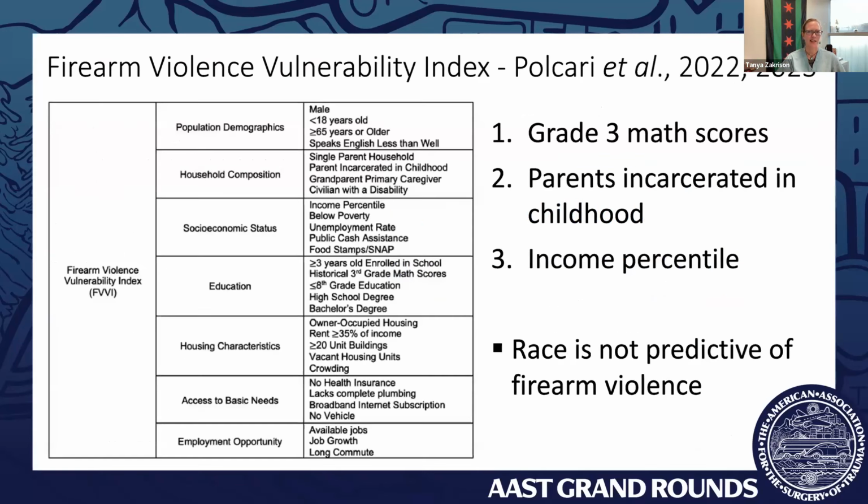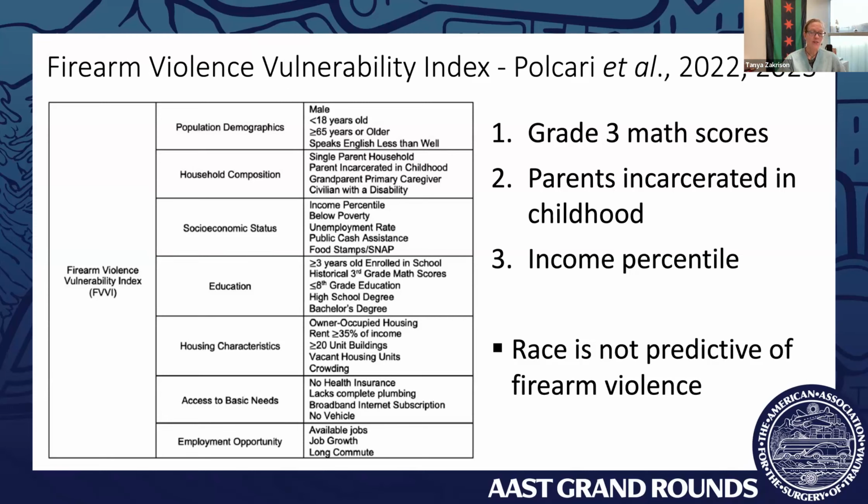And how do you do this as a collective? I'd like to highlight some work of one of our superstar surgical residents, Annie Polcari, who said, you know what, I don't want to use the social vulnerability index to predict firearm violence because that's designed for hurricanes and natural disasters. So she, together with Drew Benjamin, created their own firearm violence vulnerability index, a composite score that relies on machine learning and is very predictive as well.